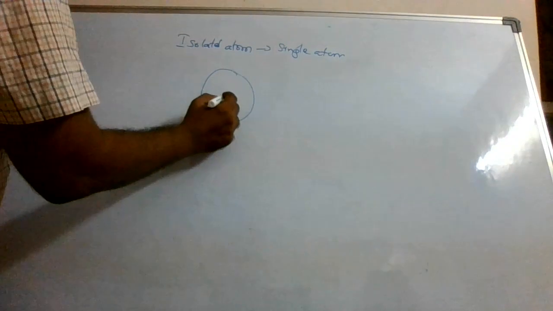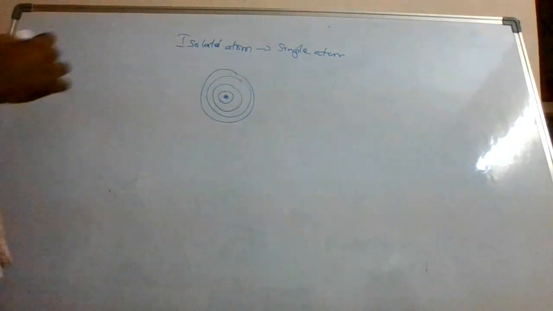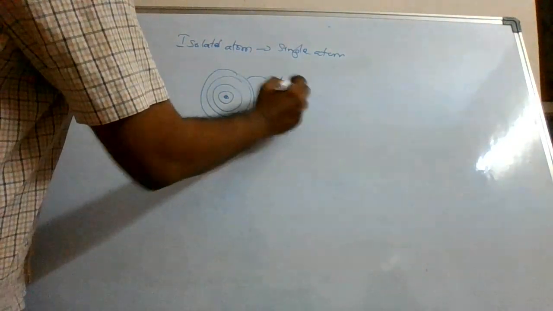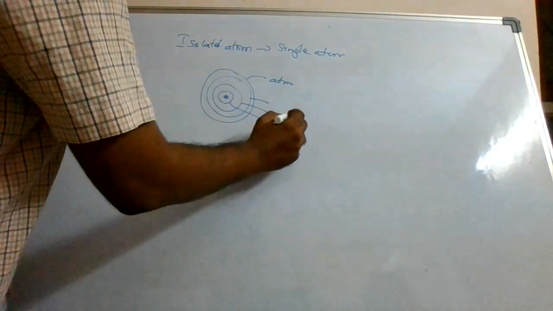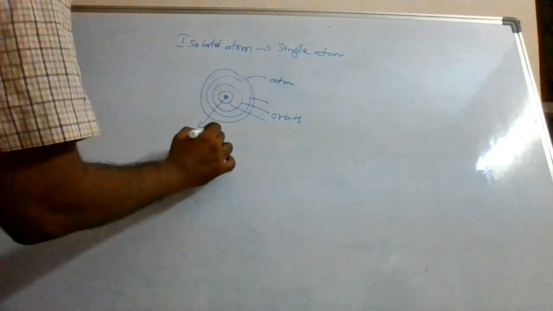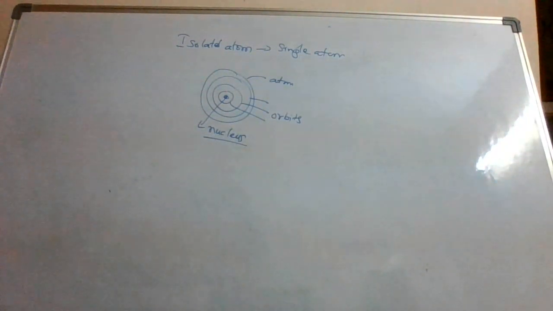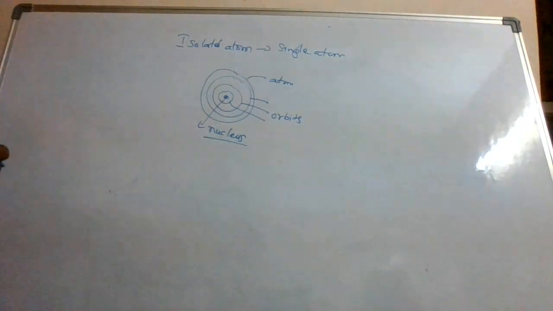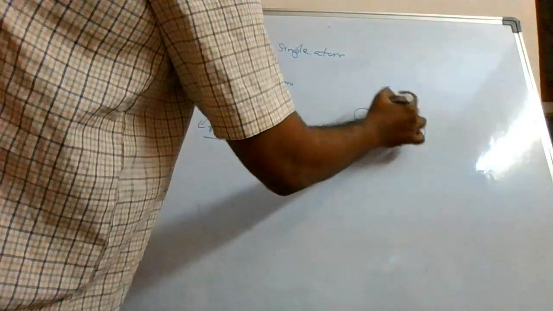It will have a nucleus, and around the nucleus the electrons will be rotating. This is the outermost layer of the atom. All these are orbits, and this central portion is the nucleus.